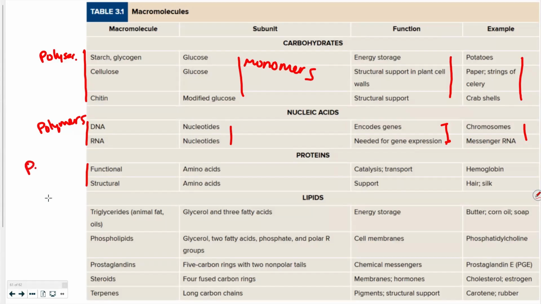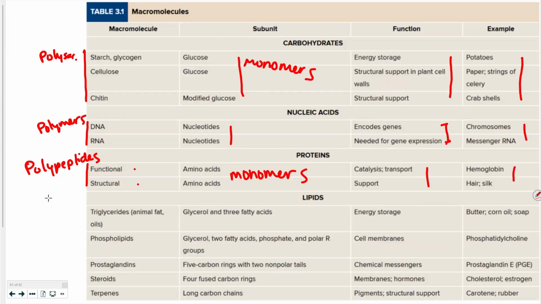Proteins, polypeptides. We can have structural and functional polypeptides. Our monomers are amino acids again. Okay, you can give me examples of what they do and examples of the types of molecules of those that we might see.